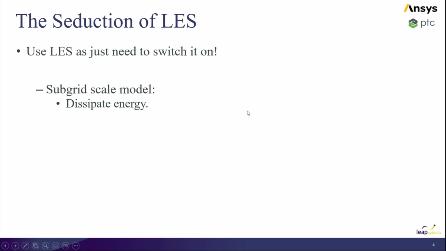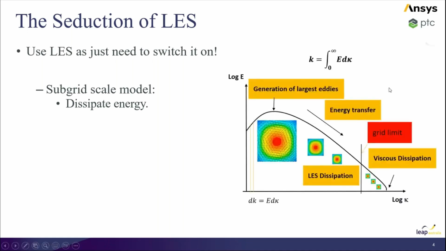You're going to have to provide it with a subgrid scale model, which is going to dissipate the energy that we can't resolve. And so this is the famous picture where, as we go along the bottom, we're going from large eddies to small eddies, and up the vertical axis, we've got the energy contained in them. And the size of those large eddies, essentially where the peak is determined by your geometry.